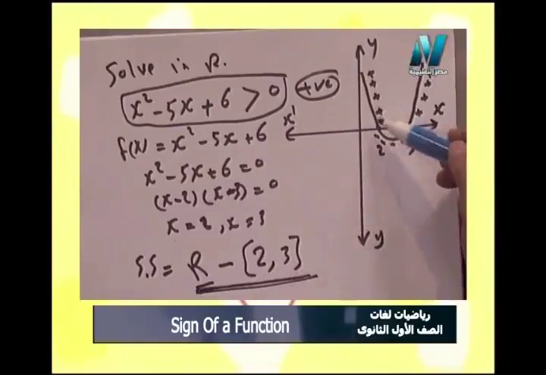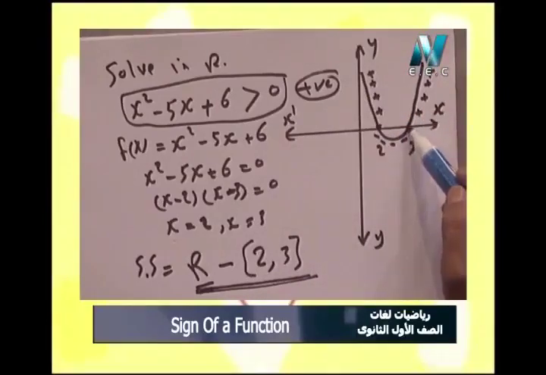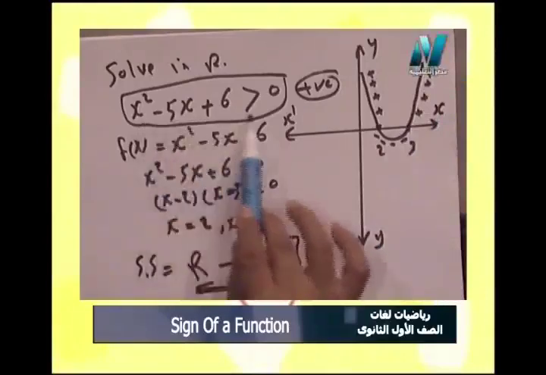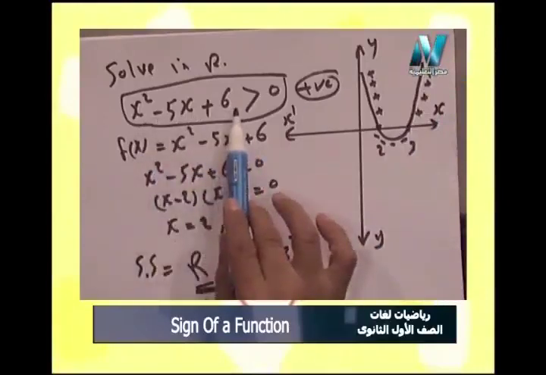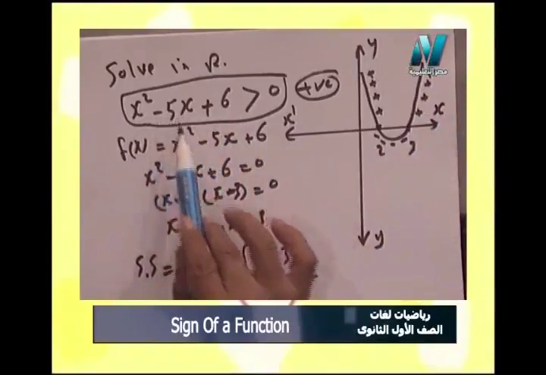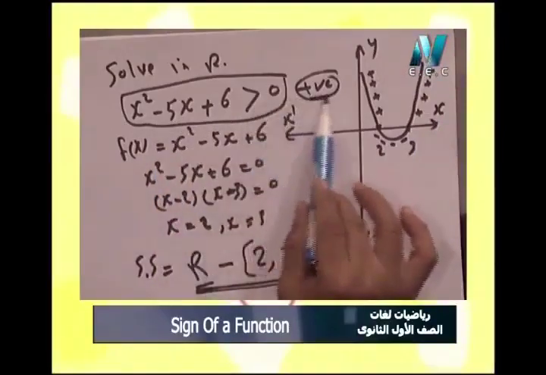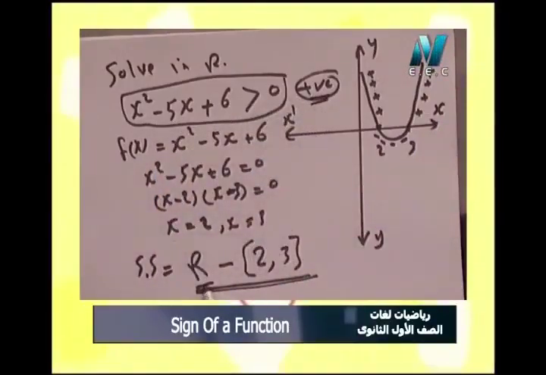Why? Because from negative infinity to before 2 it is positive, and after 3 to infinity it is positive, and we would like to find the solution of this part greater than 0, which is positive. So the function is positive here, so the solution set here is R minus the interval 2 and 3.